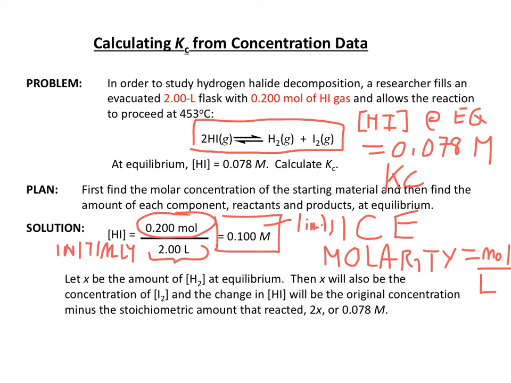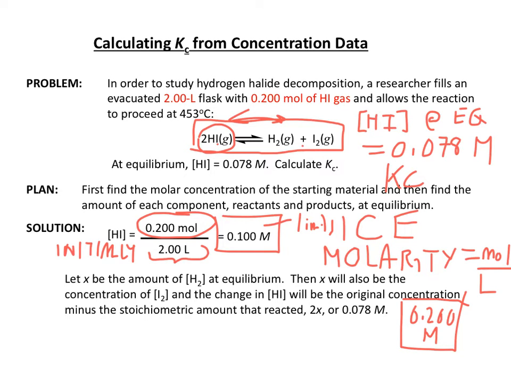So we put 0.200 moles into this flask, and we wait for an equilibrium to be established. And then we are told that the concentration of HI at equilibrium, so this is a very important piece of information, is 0.078 molar.